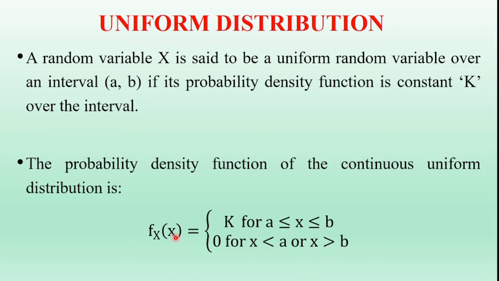The probability density function of the continuous uniform distribution is given by f_X(x) equal to k over the interval a comma b, and f_X(x) equal to 0 otherwise. Otherwise means x less than a and x greater than b, the density function is 0.